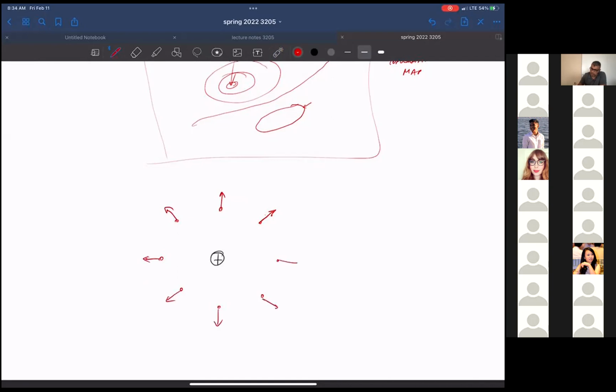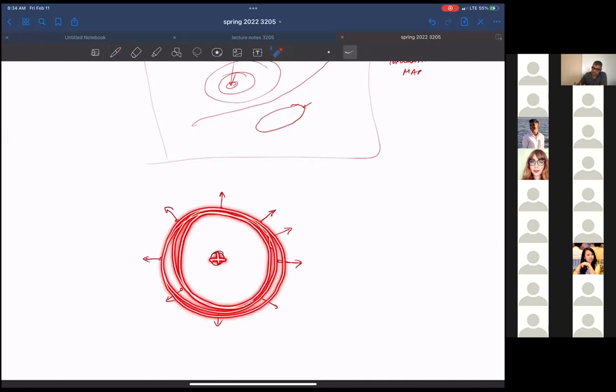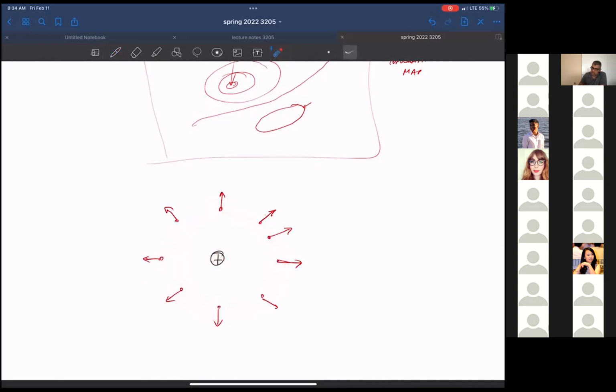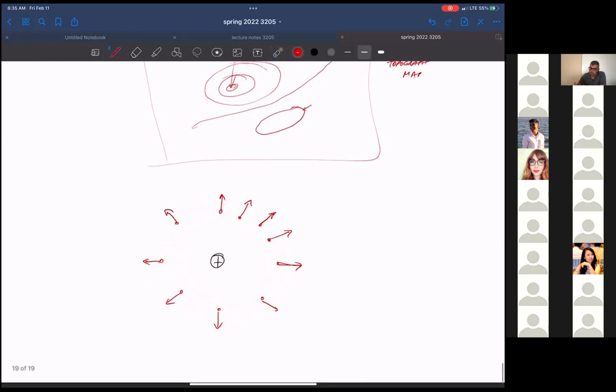So you'd have these vectors at these 8 points, and these are just 8 points I picked. I could continuously draw more points. Since all these points are the same distance from this charge, their amplitude is going to be the same, and they're all going to be pushing out away from that charge.